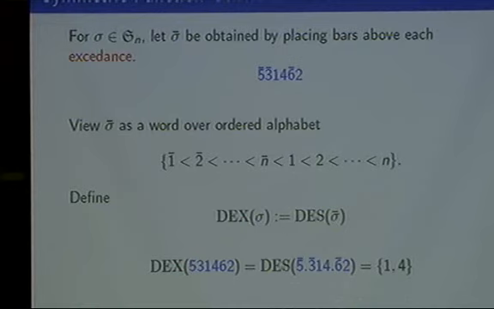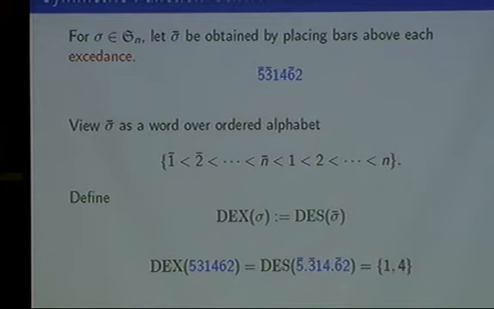So for example, the dex set of that permutation is the descent set of that permutation. And notice there's a descent here according to the order on the alphabet. At 3, 1, there's no descent because 3 bar is less than 1. 4 to 6 bar, there is a descent because 4 is bigger than 6 bar, and so forth. So this is the dex set of that permutation.